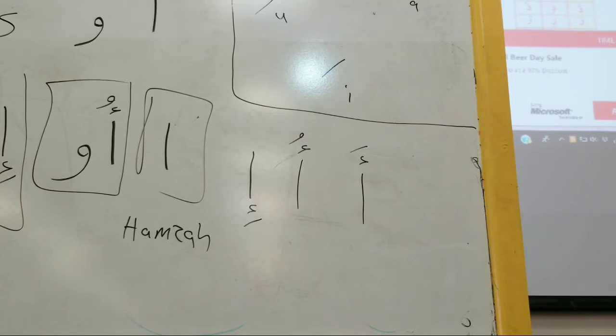This is the ya in the middle. So jami, it's not jami. Okay, here Sarah, there's ra, Sarahan. So you see how it prolongs?